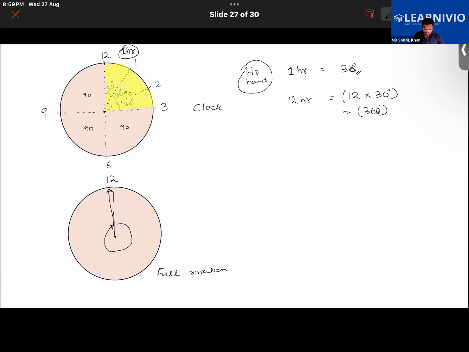Clear? Good. Now there is some further classification which we can make here. We can talk about the minute also, like every 5 minutes, how much angle is covered.